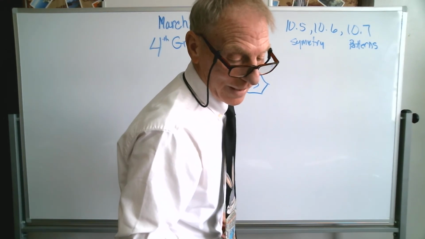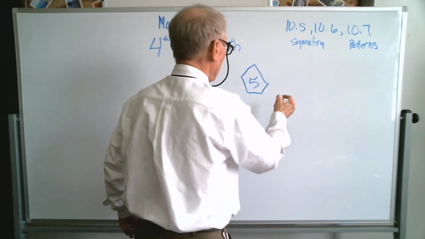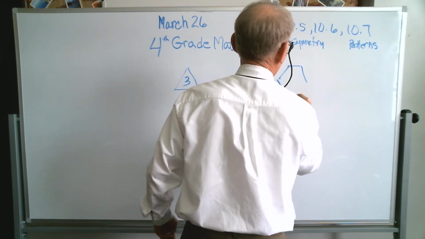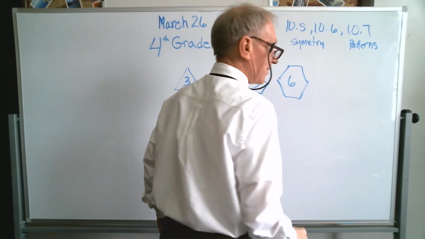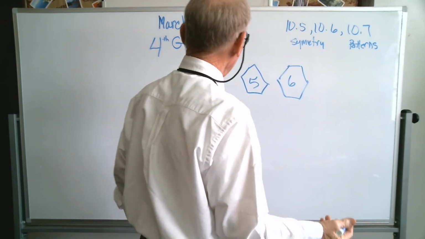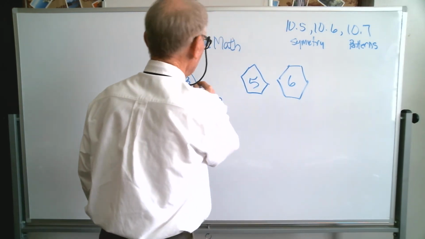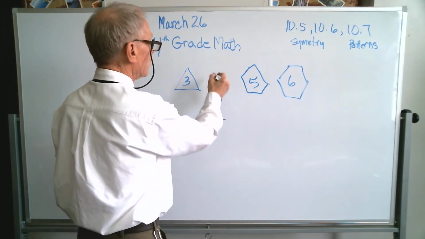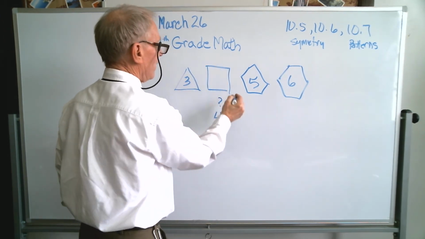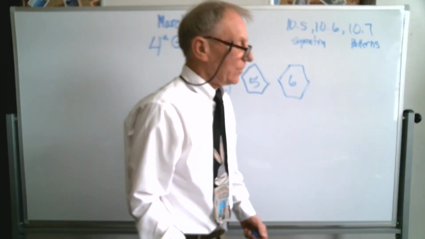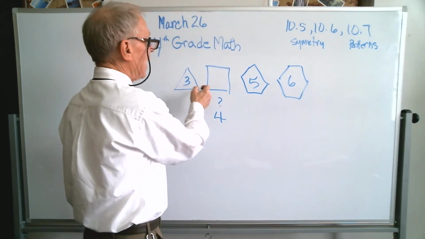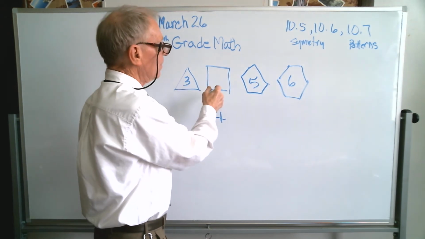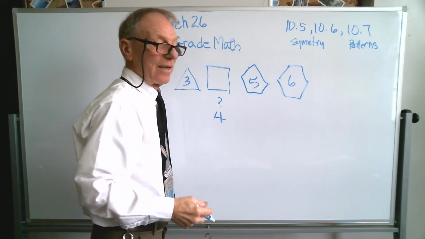Already you can pretty well guess what the pattern is, because the next thing is a hexagon. So here we have a 6-sided shape that has 6 sides, and then a septagon, which is 7 sides. So what's missing is the 4-sided object. And what's a 4-sided object? Why, it's a square. So this pattern would go triangle, square, pentagon, hexagon, triangle, square, pentagon, hexagon.